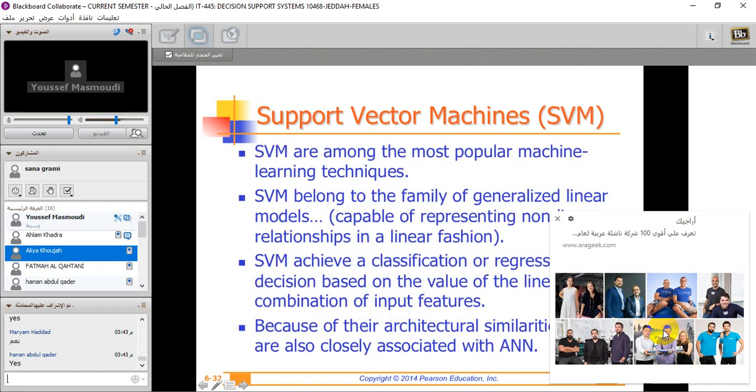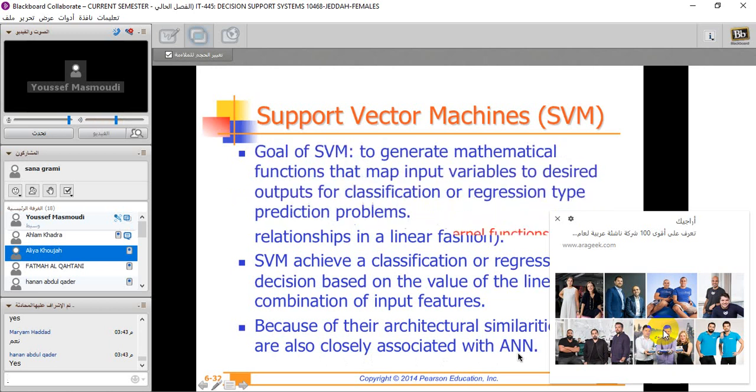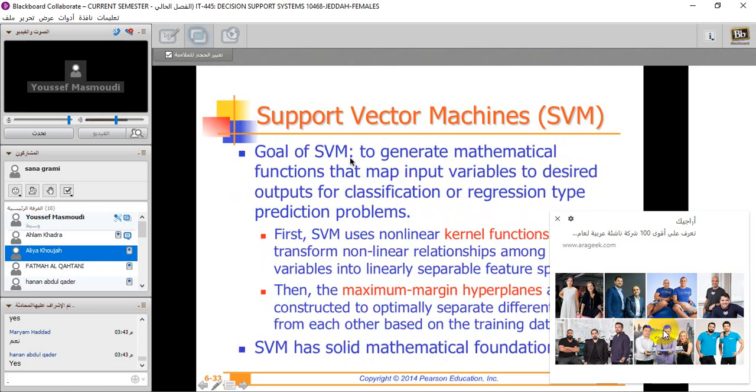Because of their architectural similarities, support vector machines are also closely associated with artificial neural networks. The goal of support vector machine is to generate mathematical functions that map input variables to desired outputs for classification or regression type prediction problems. SVM has a solid mathematical foundation.